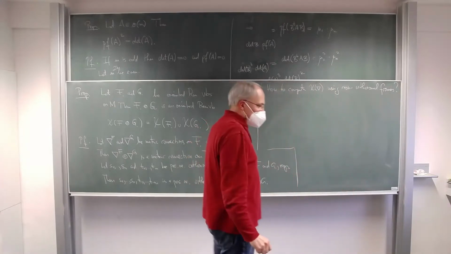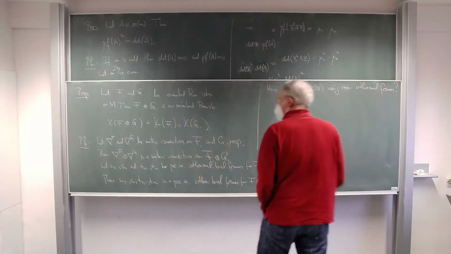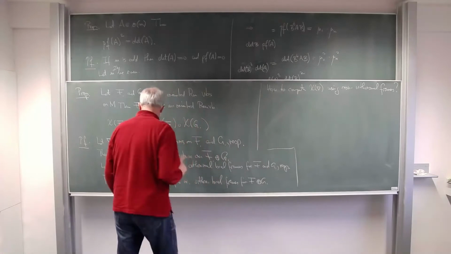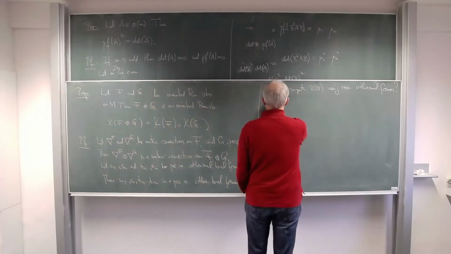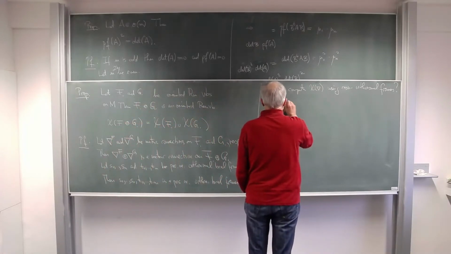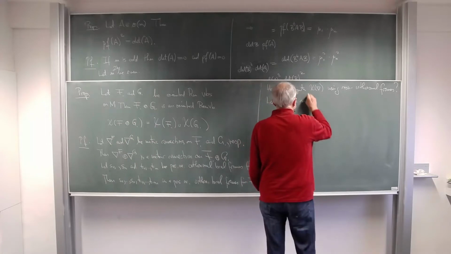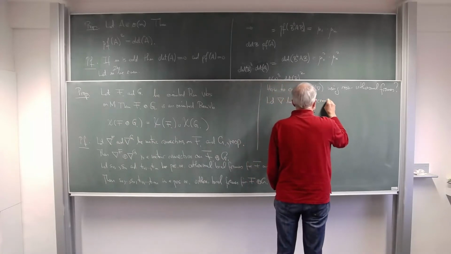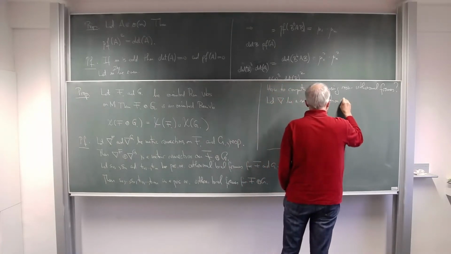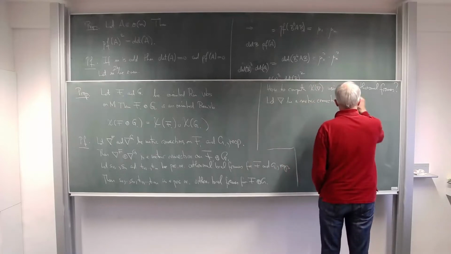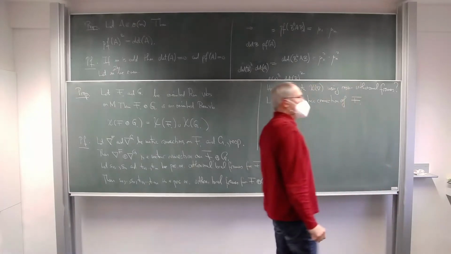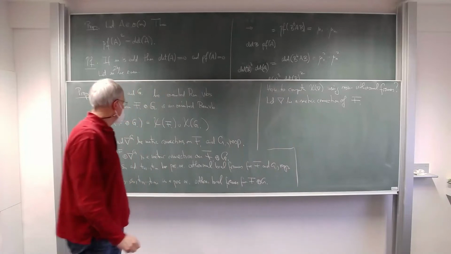Okay. In order to do that, we will always have to use geometric connections. There's no way around that. So let nabla be a metric connection of our oriented Riemannian vector bundle F.